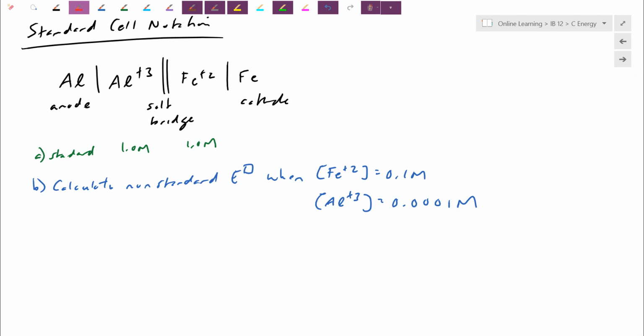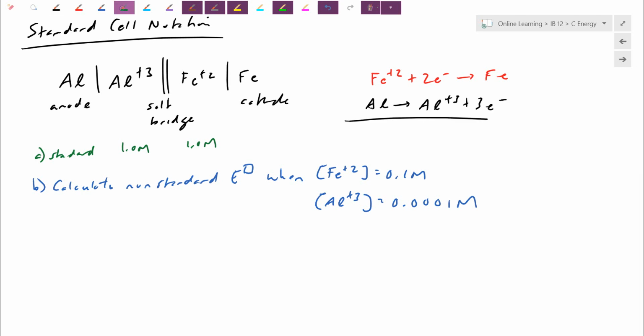Let me just hint at what you're going to do. First thing you need to do is balance the equation. Because this is the cathode side, write the equation: iron plus 2 and 2 electrons becomes iron. The other equation is aluminum loses the electrons, Al plus 3 and 3 electrons. Here you do need to balance it, so lowest common multiple, 3 times that, 2 times that.